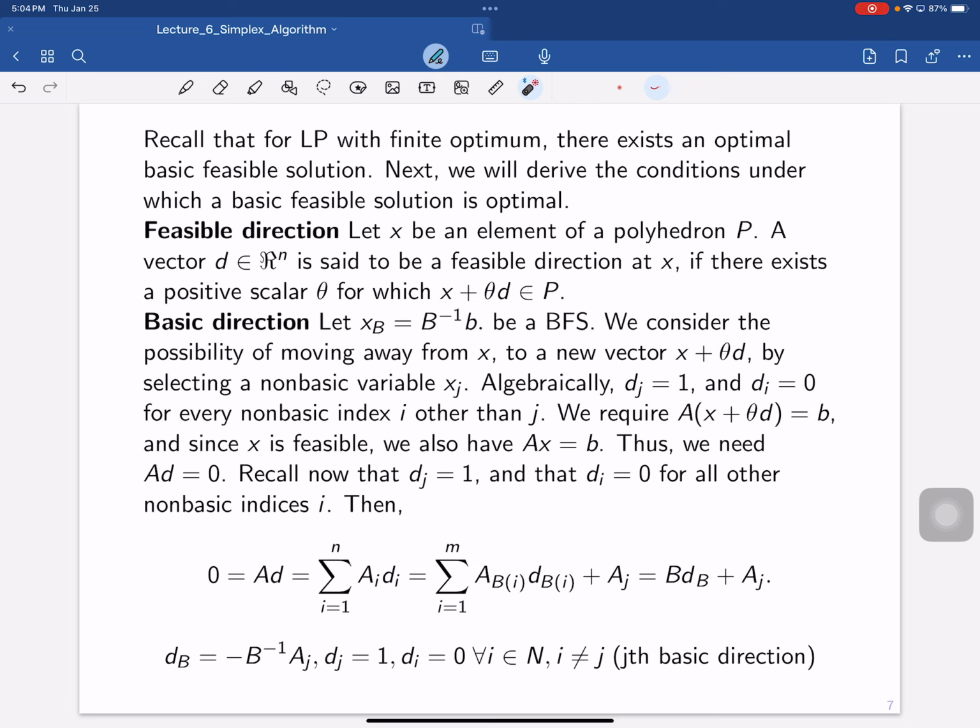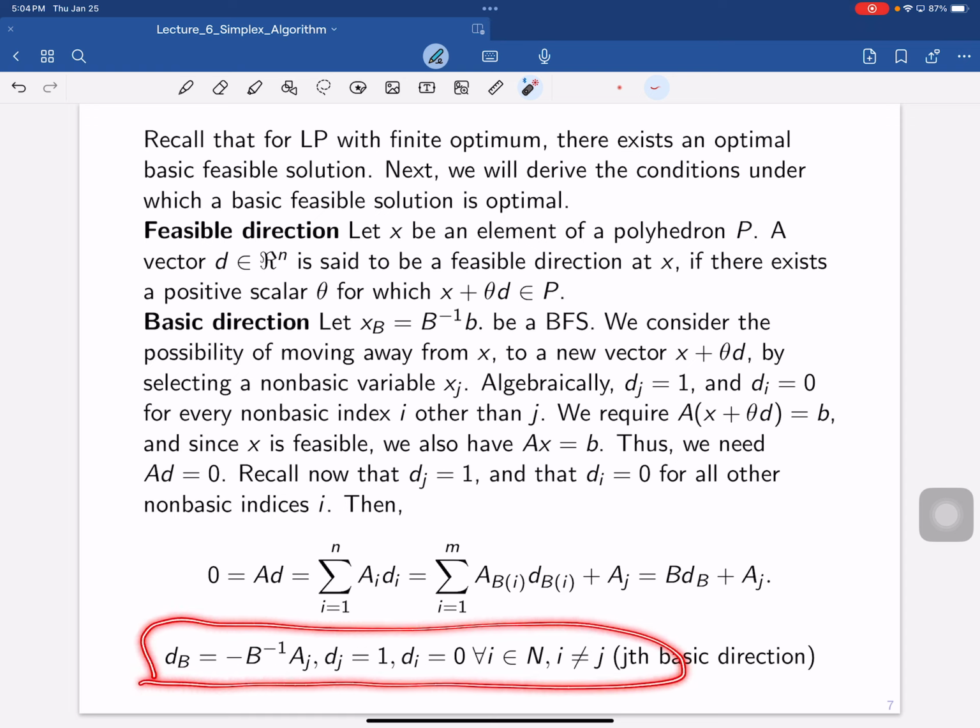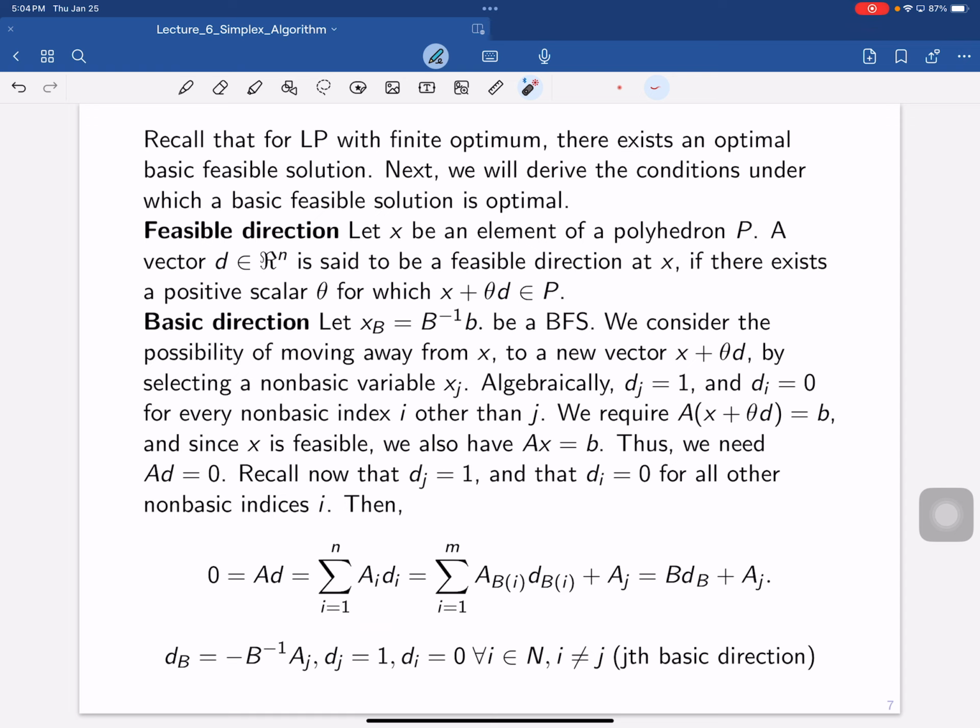But we haven't made sure that if we go along that direction, all the inequality constraints are satisfied, right? Does that make sense? So let's check. If you go along this direction d, of course we already made sure the linear equality constraints are satisfied. But the other thing we have to make sure is that x plus theta times d is still greater than or equal to 0, right? That's the linear inequality constraint. We have to make sure it's satisfied.